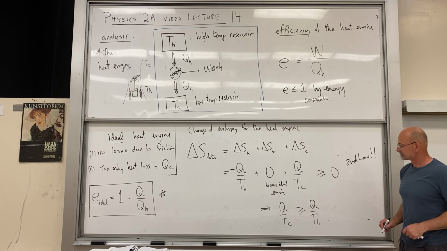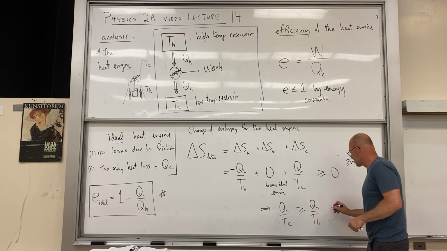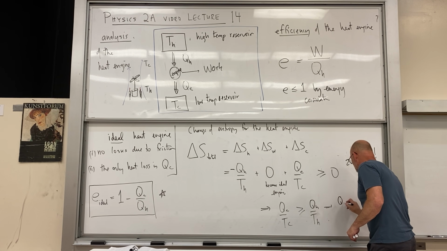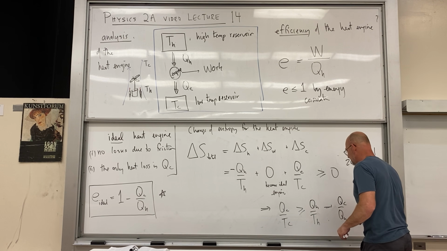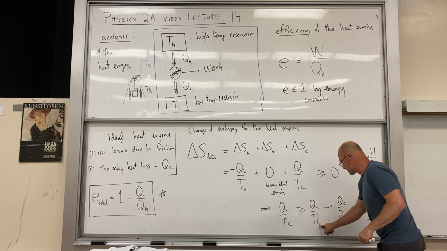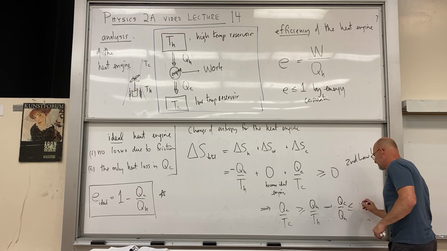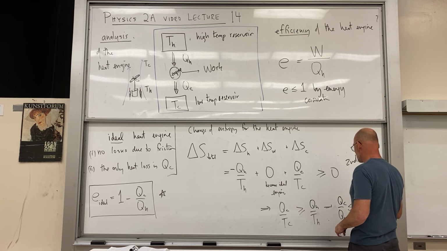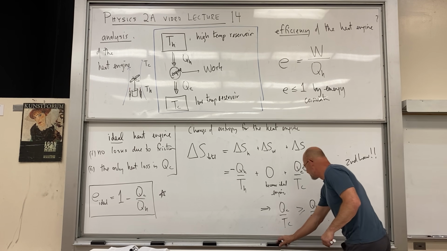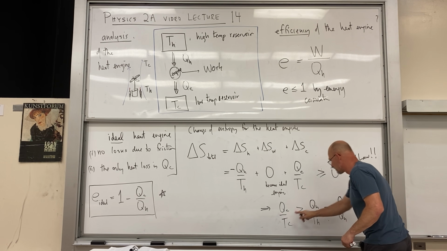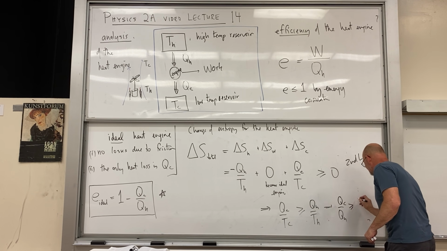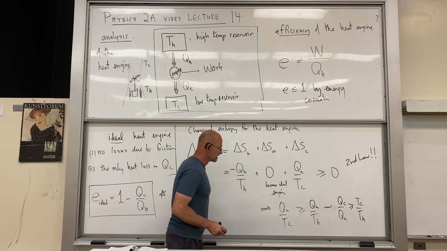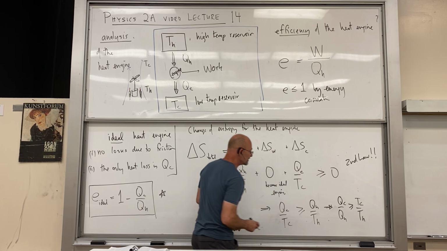I can therefore say QC divided by QH is greater than or equal to TC divided by TH. Yeah, that's the inequality. You gotta watch out. Okay, so there we have a result.